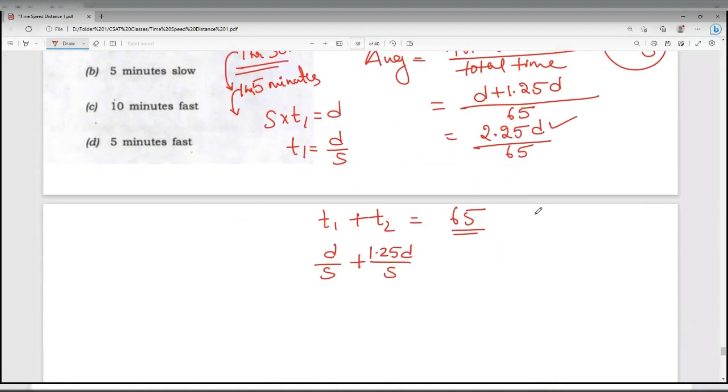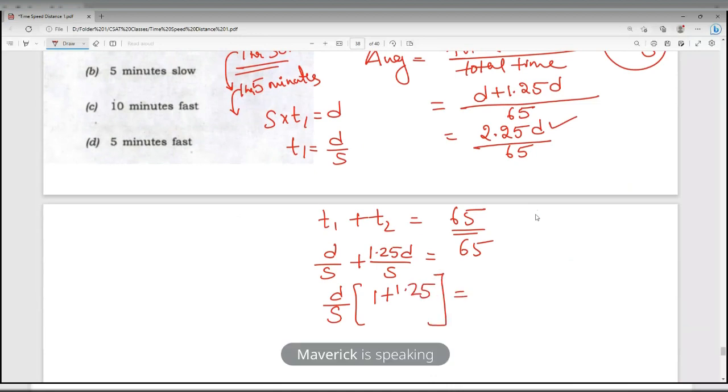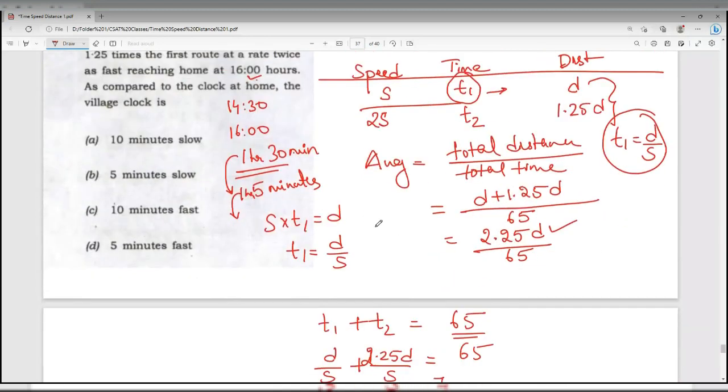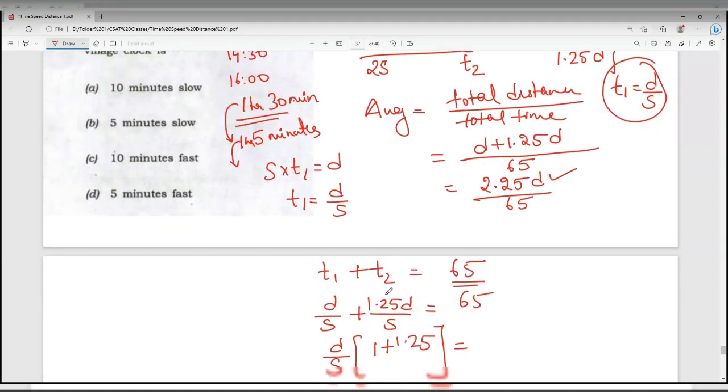In this equation, if you separate D by S, this is 1 plus 1.25D by 2S. Yes, that is true, sorry.